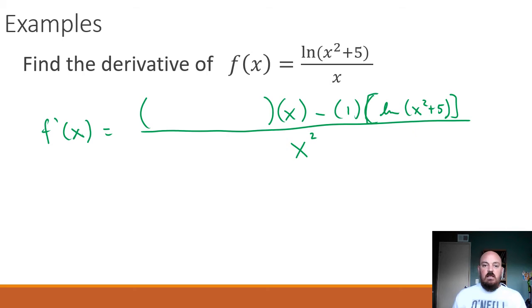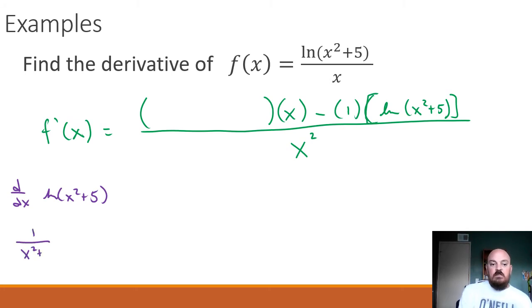Okay, so for the derivative of the top function, since that's our new part, I might go off to the side and do that. So I'm going to squeeze it in here in the bottom, and I'm going to do the derivative of natural log of x squared plus 5. And we'll do it just like the question we did on the last slide. I'll start with 1 over x squared plus 5, and then I'll chain rule it.